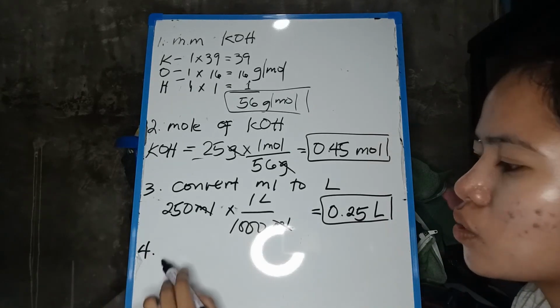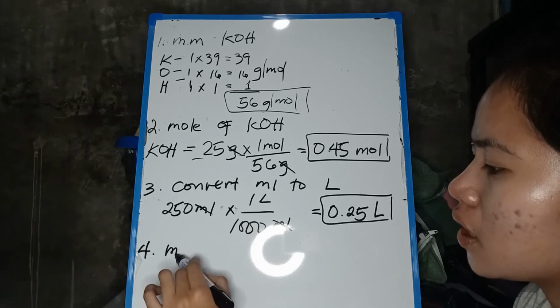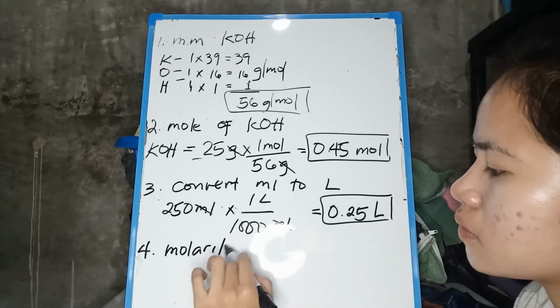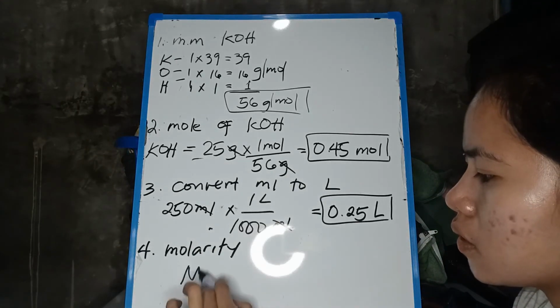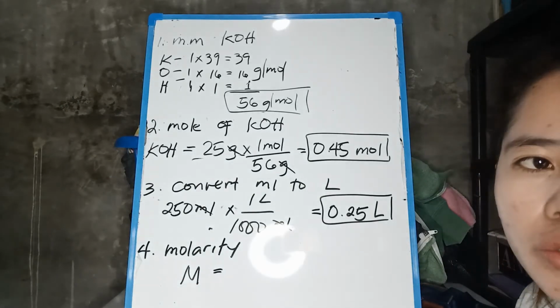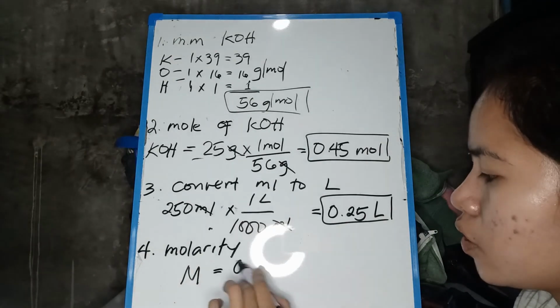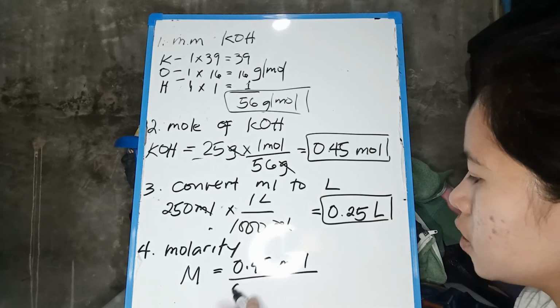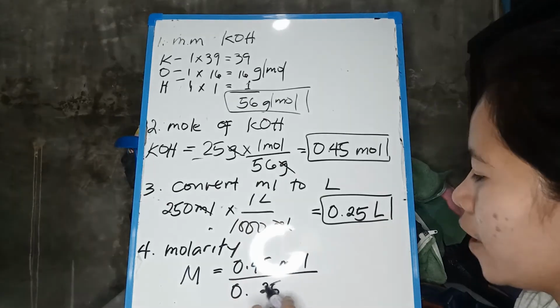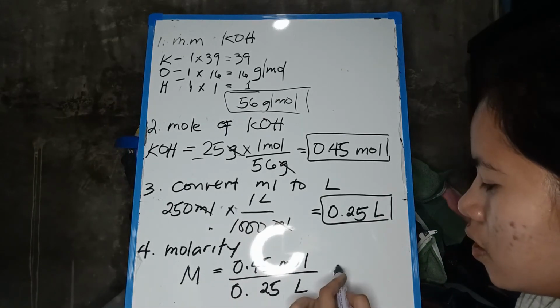So, we can now solve for the molarity. So, molarity is equals to 0.45 mole over 0.25 liter.